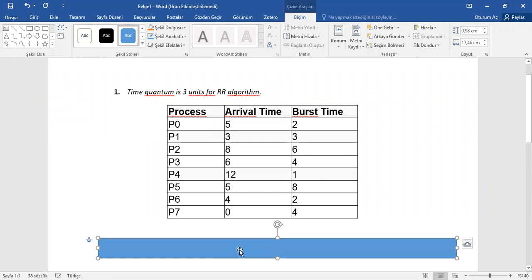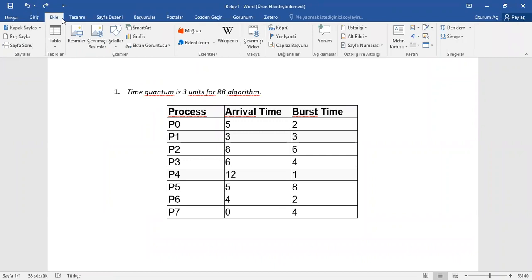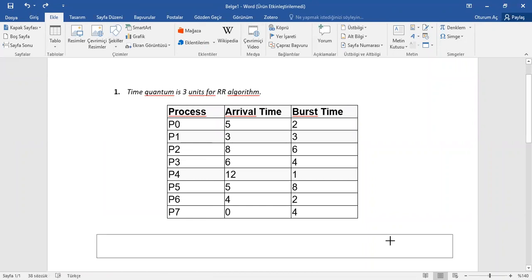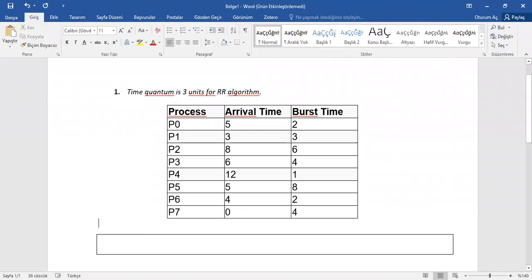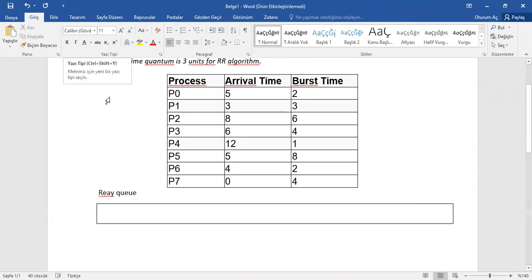I think I can write. Okay, this is my ready queue. And this is my Gantt chart. I'm going to draw it. Okay.